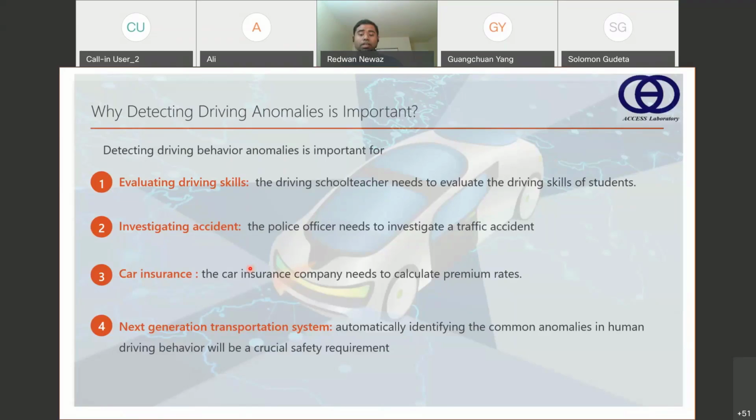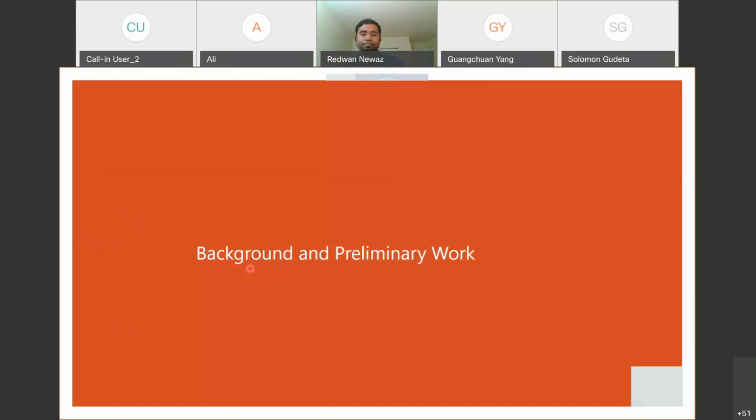In particular, the advent of autonomous driving technology would lead to a transportation system with mixed manned and unmanned traffic vehicles, for which automatically identifying common anomalies in human driving behavior will be a crucial safety requirement.